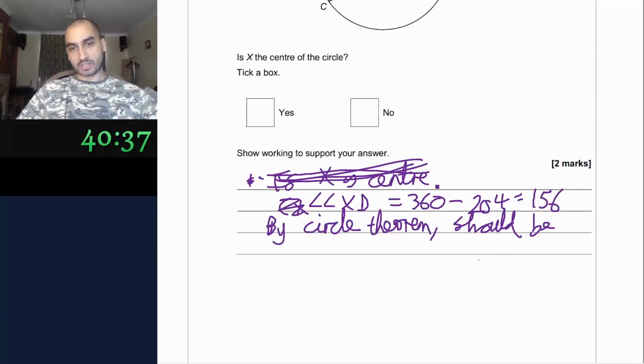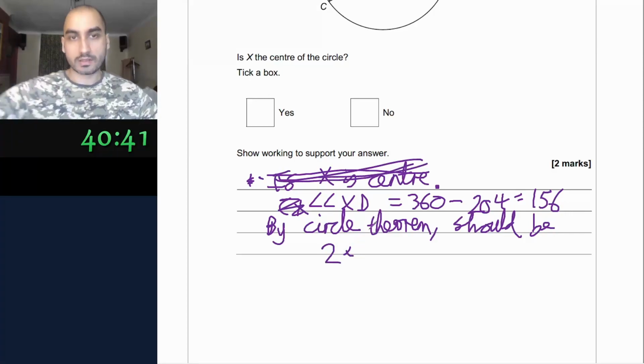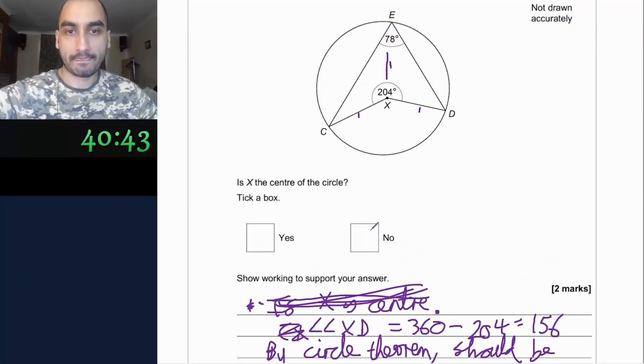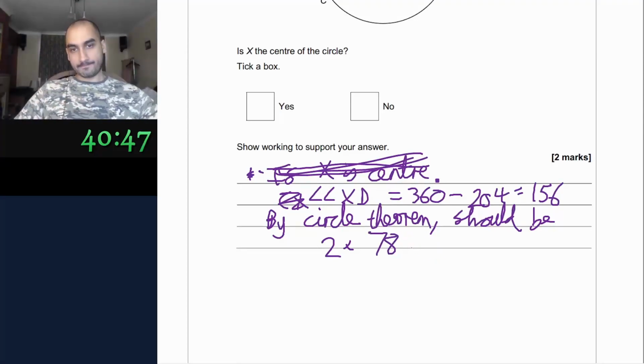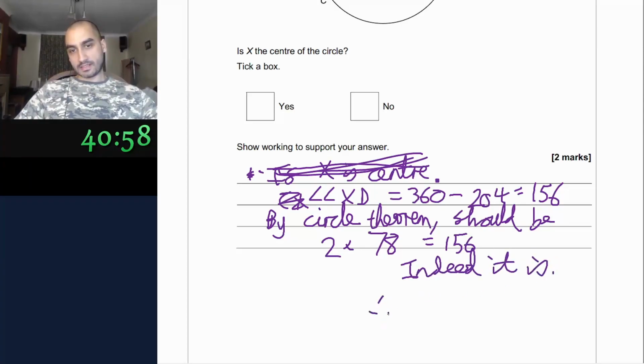Don't need to make assumptions. By circle theorem it should be 2 times 78 equals 156. Indeed it is. Therefore X must be the center.